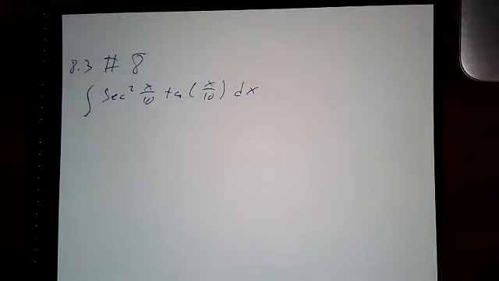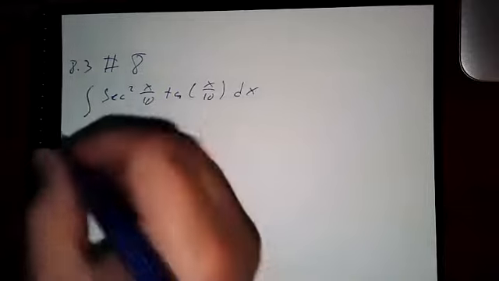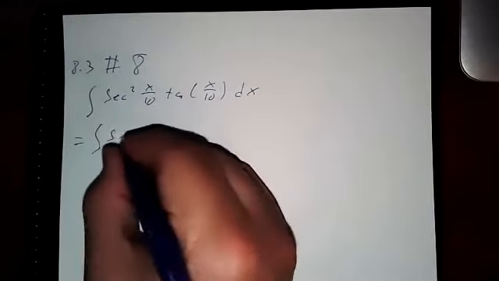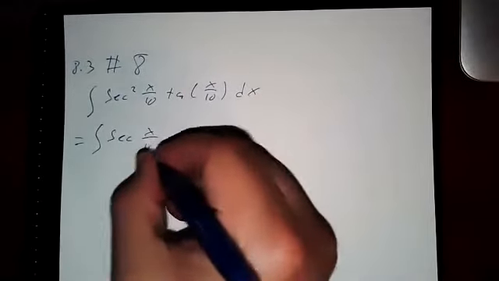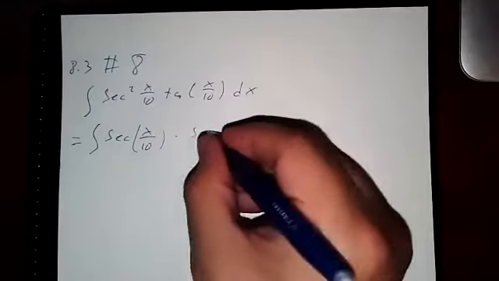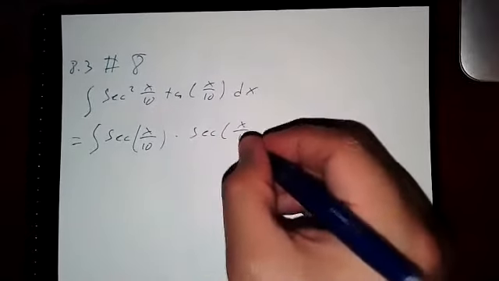So let me think here. The derivative of secant is secant tangent, right? So what we could do, I think this might work, is break off a secant and use this secant tangent as my sub part.